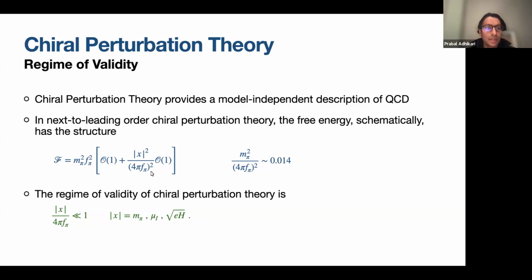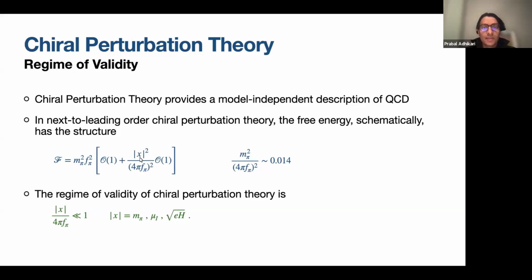Here, x could be m pi, it could be the isospin chemical potential, or it could be the square root of eB, the external magnetic field. And one can ask, and this question came up last time, how big are these next leading order corrections, which is helpful if one wants to understand how the theory itself is converging.